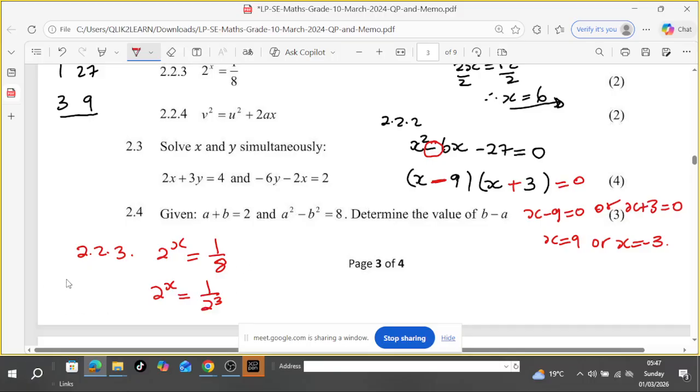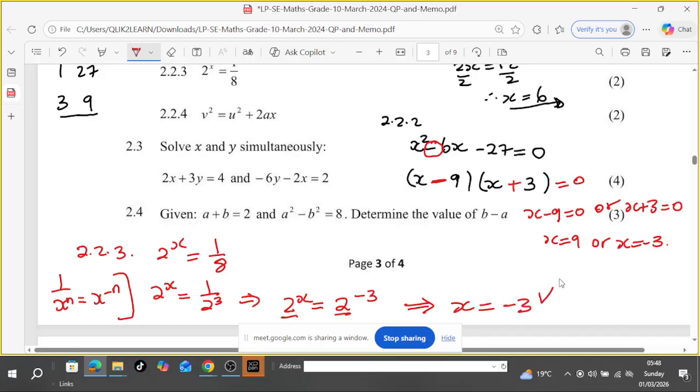You remember the law that if I have 1 over x to the power n, this can be written as x to the power negative n. So this is the same as 2 to the x equals 2 to the power negative 3. We use this law so that the bases are the same. We drop them, equate the exponents, and say x is negative 3. Then this is fully solved.